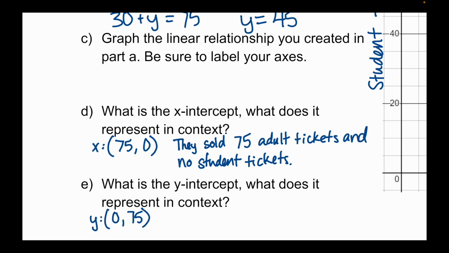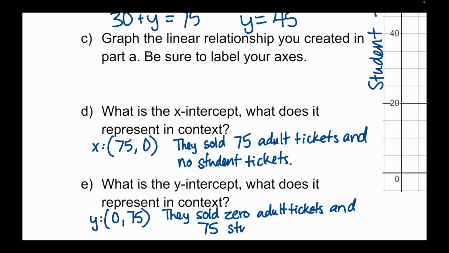Likewise, for the one below it, but swapping that out, the 0, 75 would mean they sold 0 adult tickets and 75 student tickets.